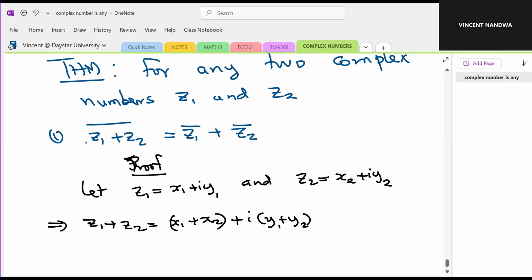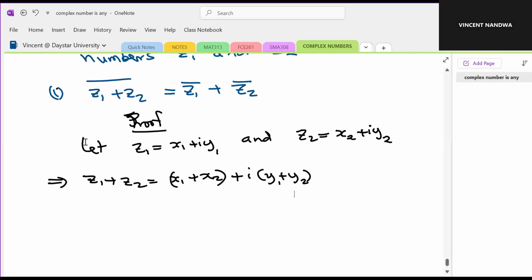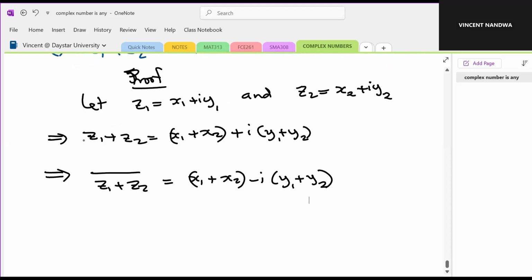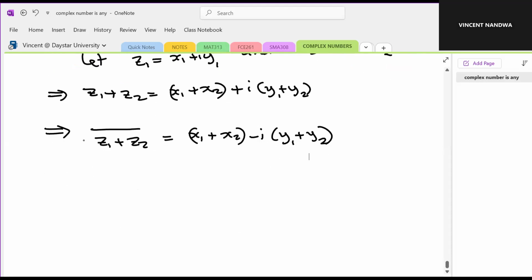This is what you have seen from the previous discussion. Which implies that the conjugate of Z1 plus Z2 would be the same as x1 plus x2 minus i(y1 plus y2). That's by definition: we change the sign between the real part and the imaginary part.